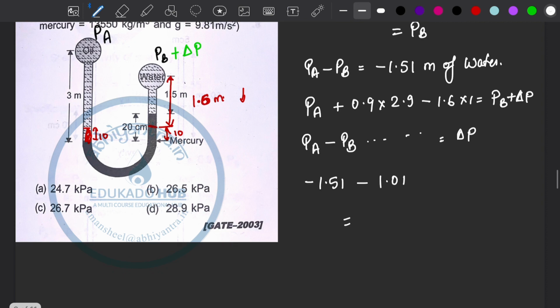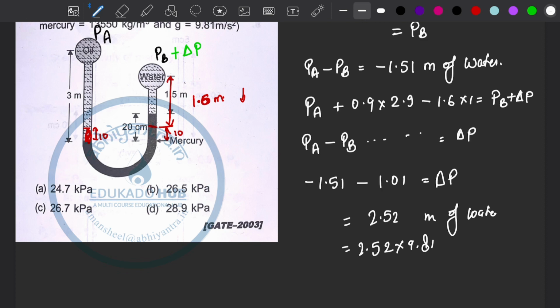So that is PB. So the value is 2.52 meters of water, that is 2.52 into 9.81, which is 24.72 kilopascal. So the correct option is option A.